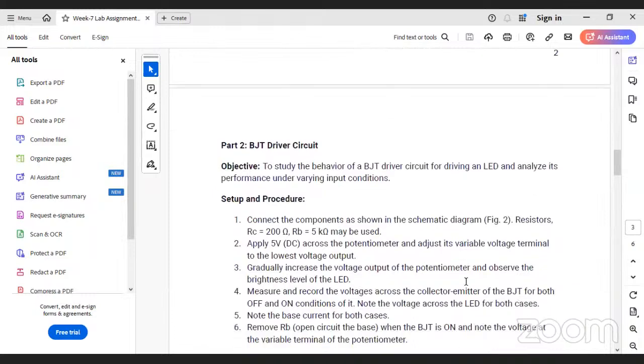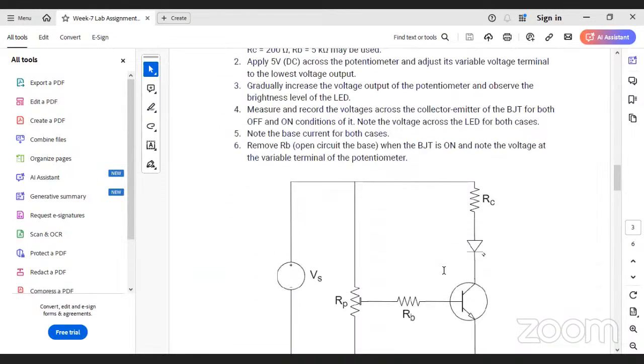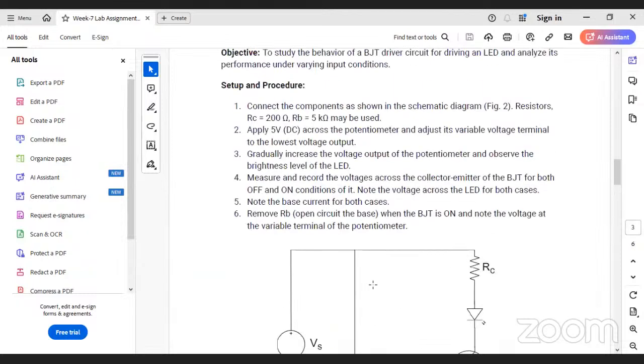The next experiment, part 2, is to understand the behavior of the BJT driver circuit, to drive an LED and analyze its performance, find out how the LED brightness changes, and record those voltages when the LED is on and off. For that you have to refer to figure 2.